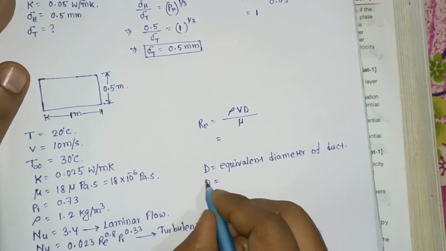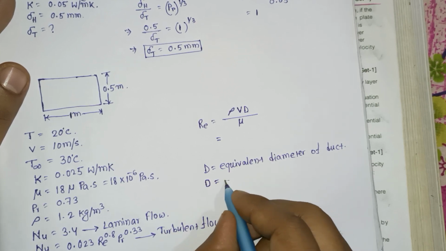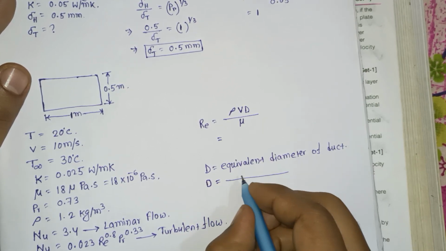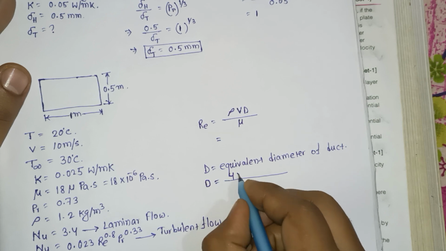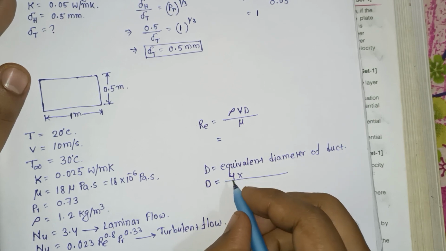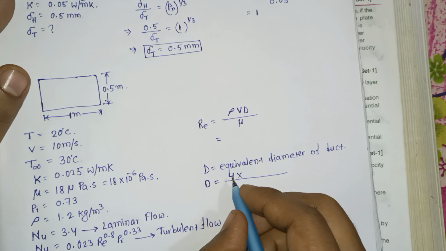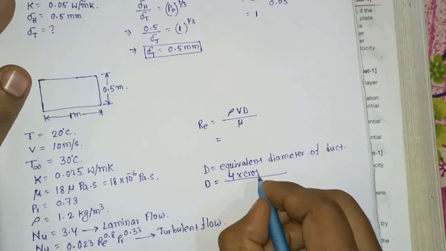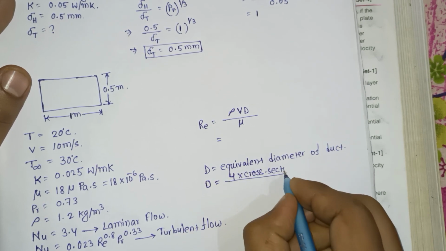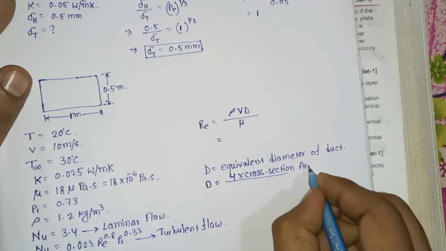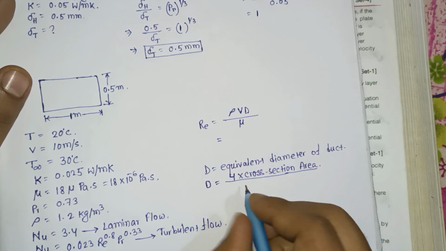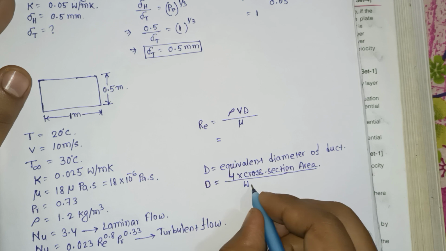If you want to find the value of d, then the formula is d equal to 4 into cross section area by wetted perimeter.